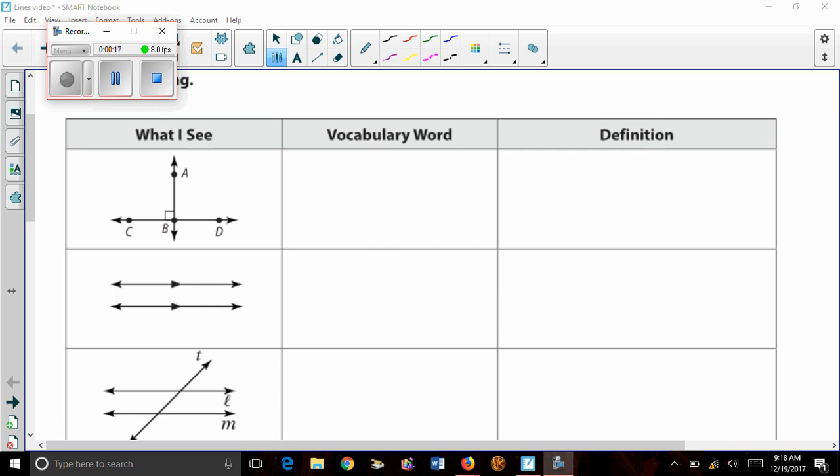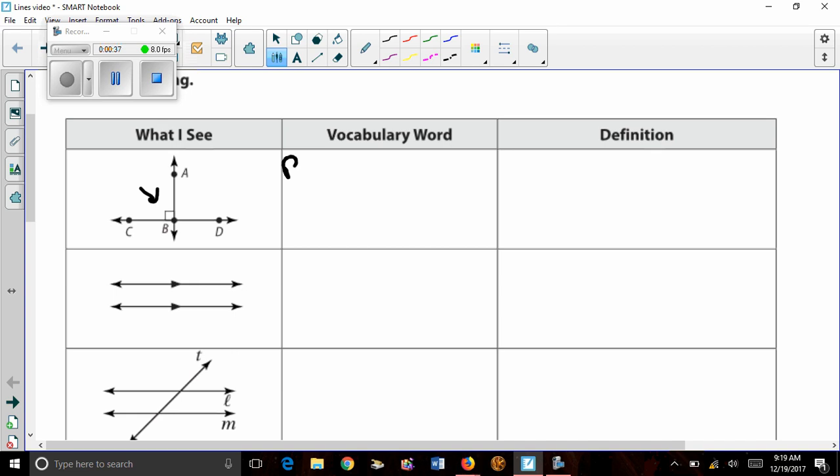The very first definition we want to look over, at that picture on the left: I see two intersecting lines, and that box we see right there at the angle represents a 90-degree angle, or a right angle.